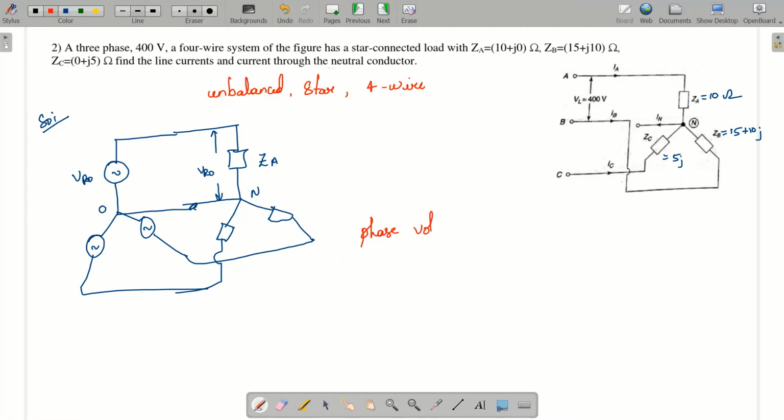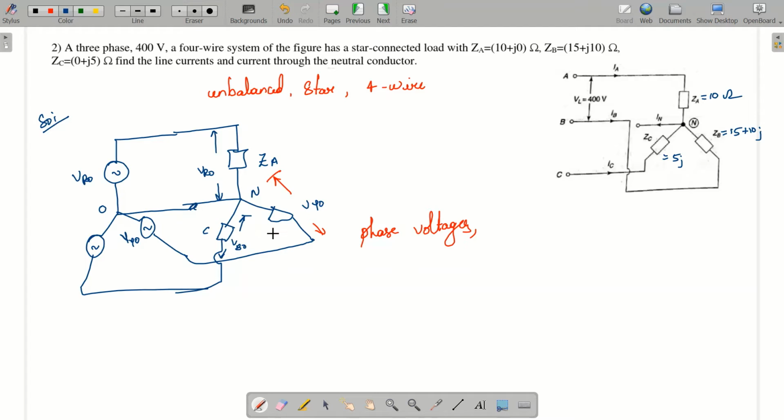Here also the voltage across this will be VYO. The voltage across phase C will be VBO.